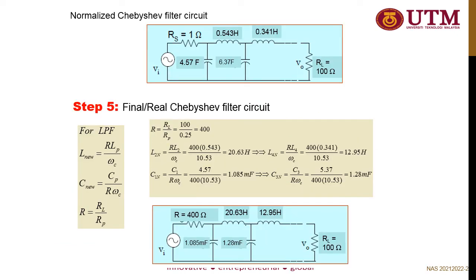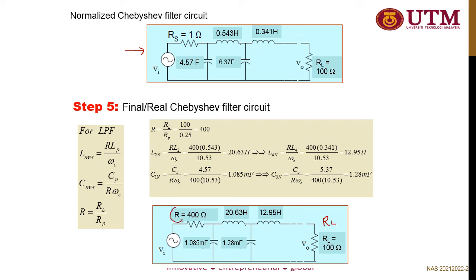Okay, so this is from the normalized circuit. Now you need to recalculate your new values of C and L. Same orientation, same number of components. However, you just need to recalculate the new values for your capacitor and inductor. So this is maintained as load.